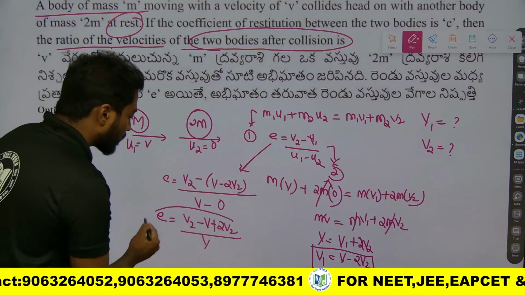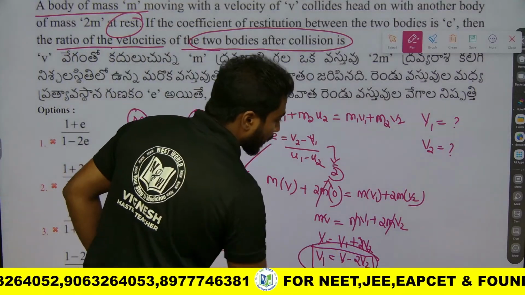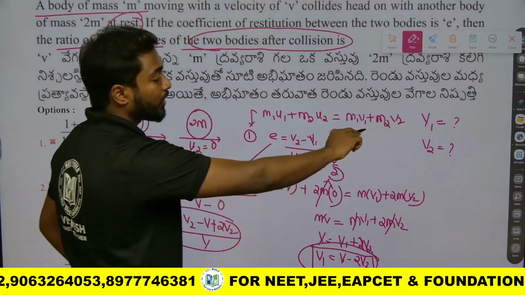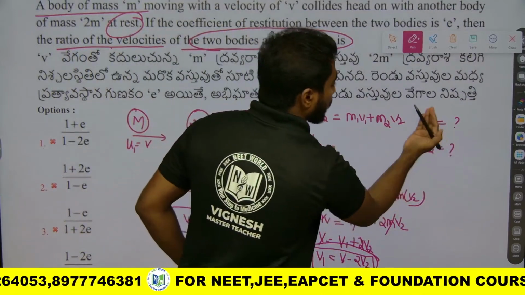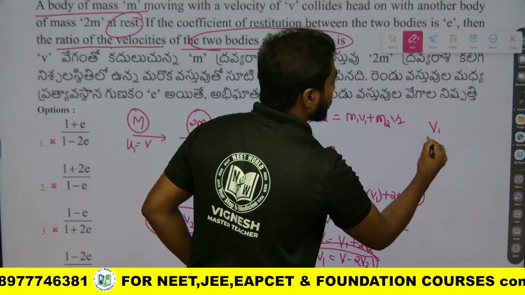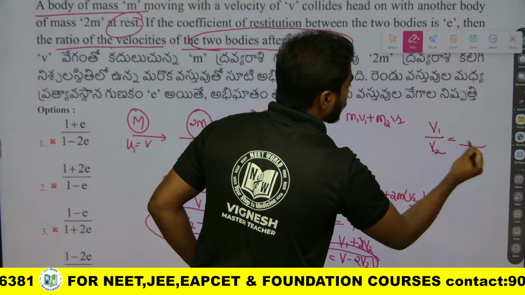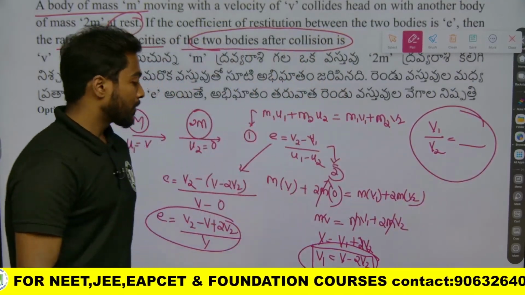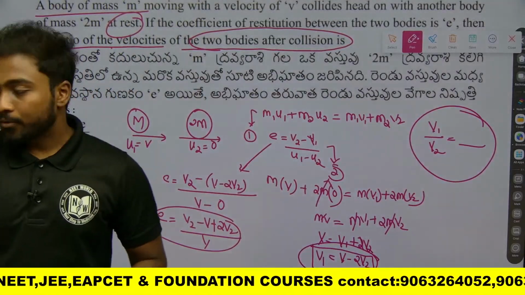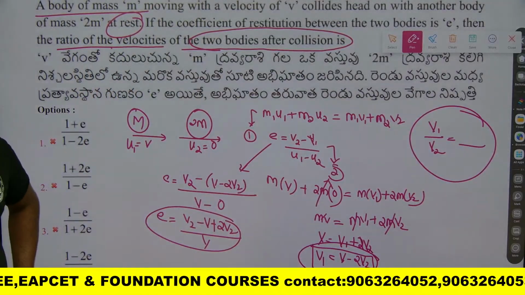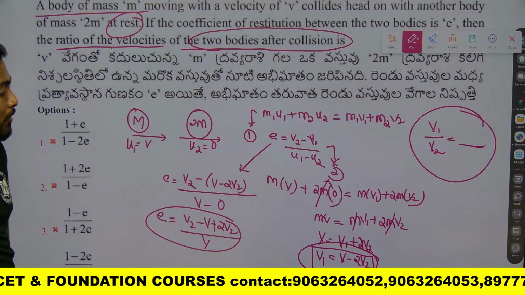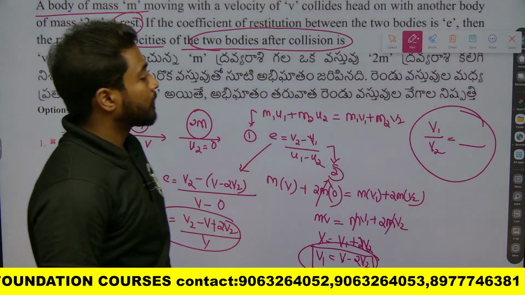So, by using this equation and this equation, I can find the velocities v1 and v2, so that I can find the ratio v1 by v2. You can find it, guys. We will go for the next question. Calculation is your part, we will find it.